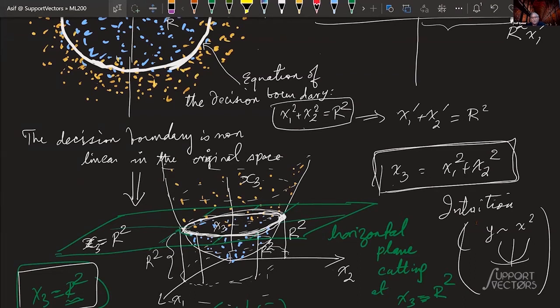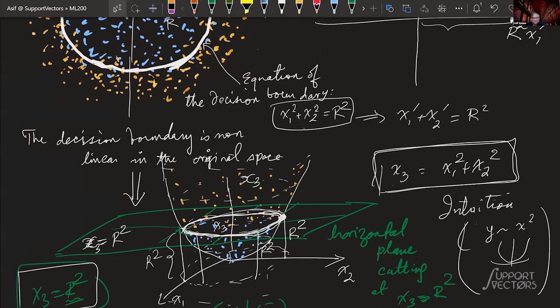For every point, the x3 value, the lift, the going up in x3, is equal to the square of its distance from the center. Because it's a square, it will look like a quadratic surface.